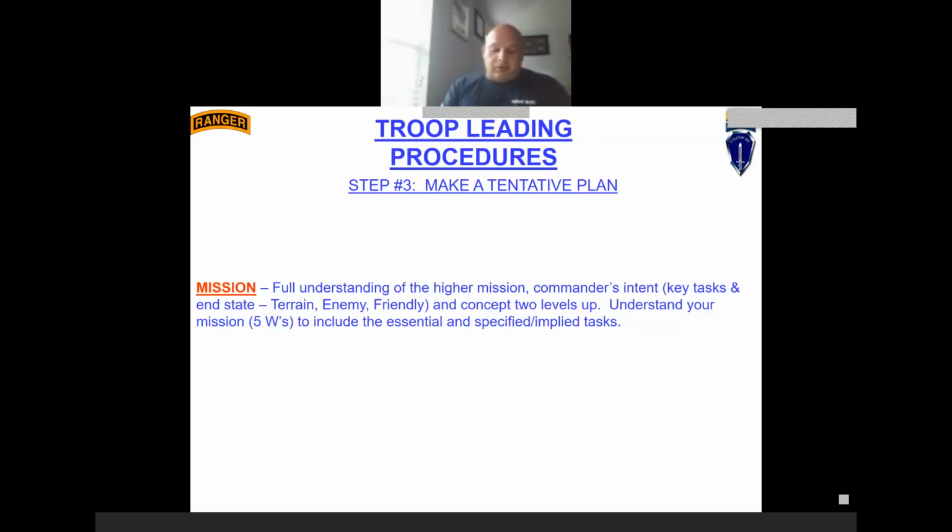It allows initiative by subordinate leaders and is understood at the lowest level. It is composed of two parts: key tasks, which tell subordinates what to accomplish, not how, and the end state, how a commander envisions the battle resolved in relation to terrain, enemy, and friendlies.